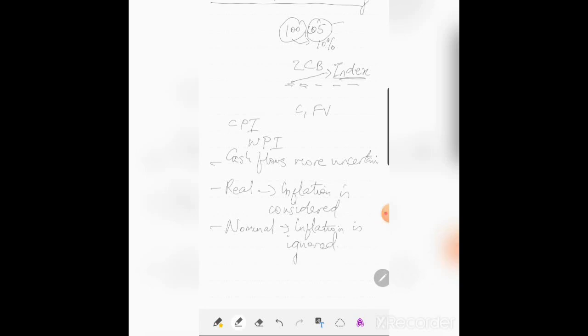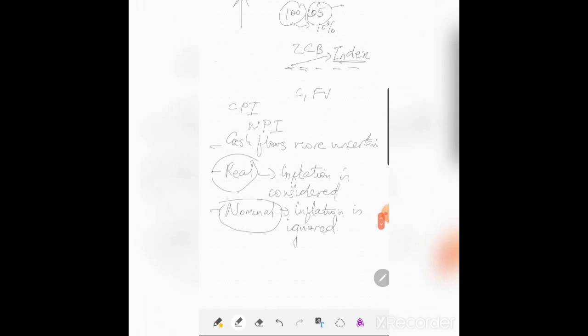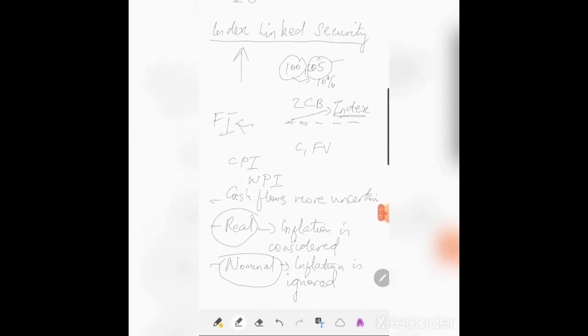So we have to really understand whether the cash flows we are talking of are inflation included or inflation ignored. If inflation is included, like an index linked security, these are real cash flows. Where there's fixed interest, these are nominal. In real cash flows, payments are higher if inflation is high, and vice versa.